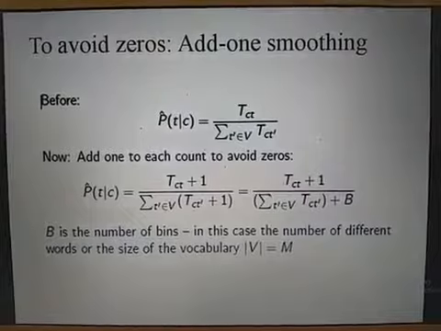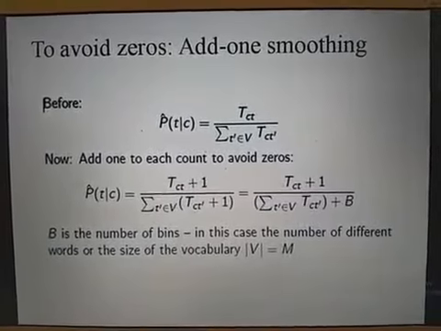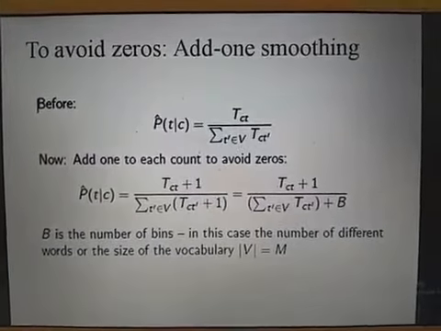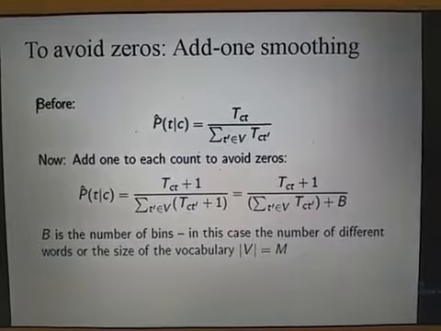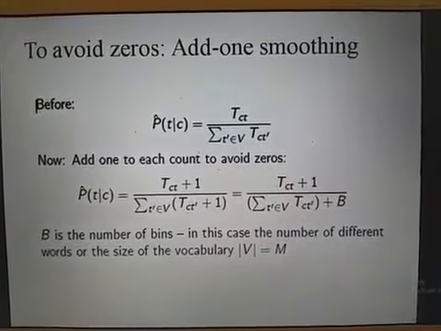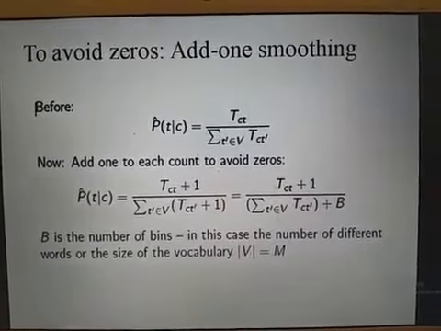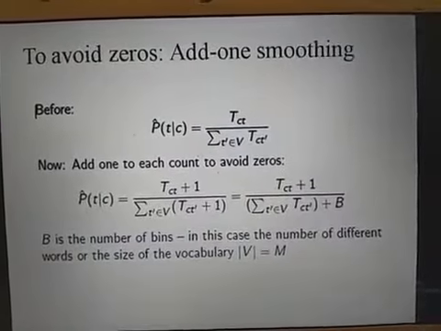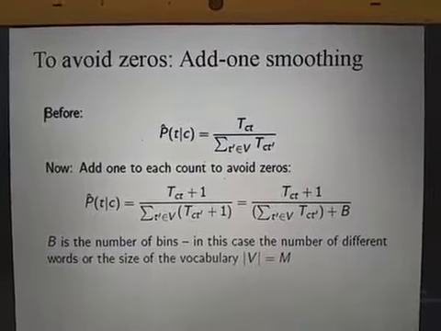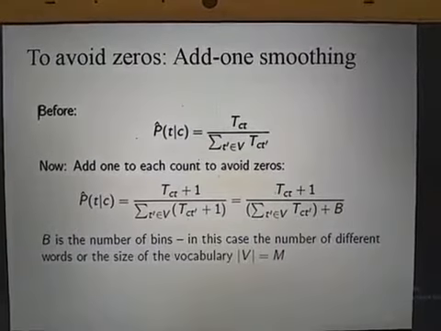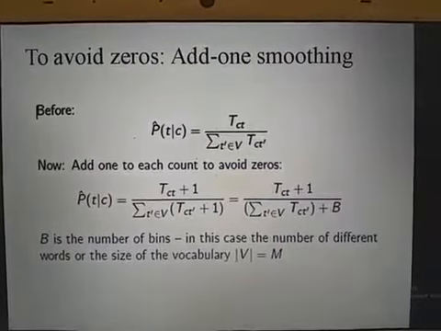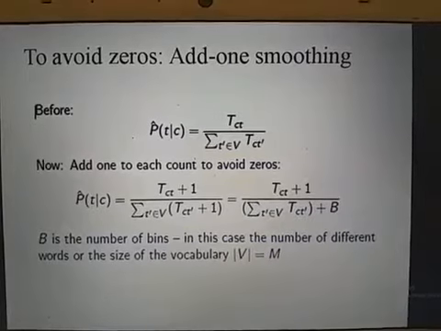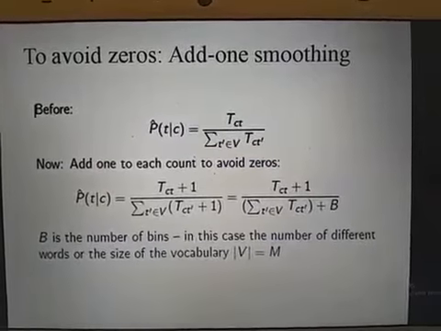In place of T_CT, we write T_CT plus 1 divided by the summation over T dash in V of T_CT dash plus 1. Here B is the number of bins, in this case the number of different words, or the size of the vocabulary, which is equal to M.